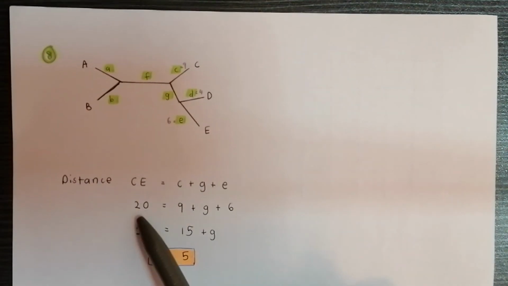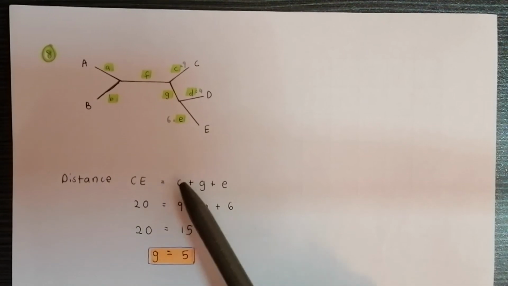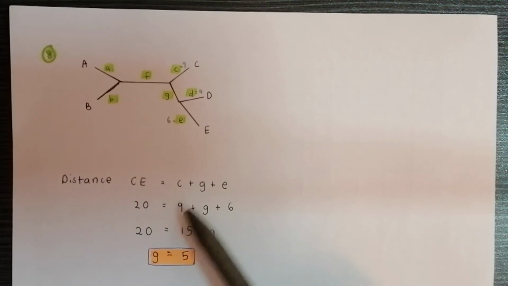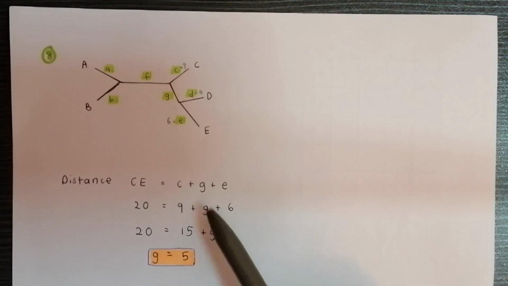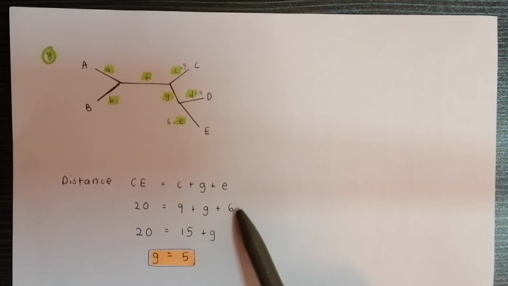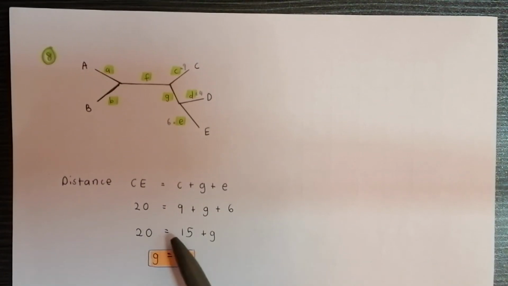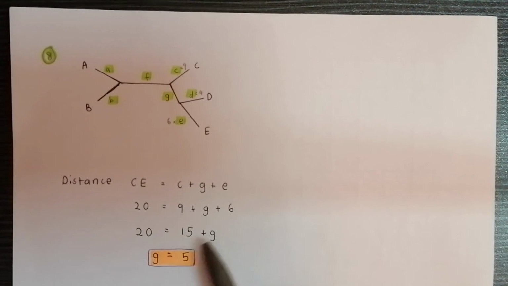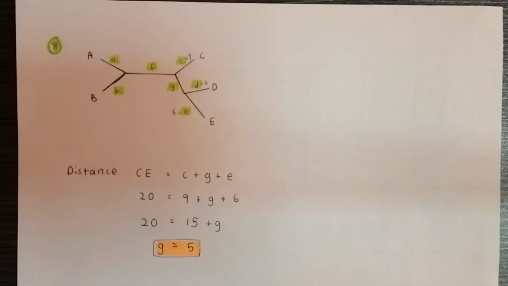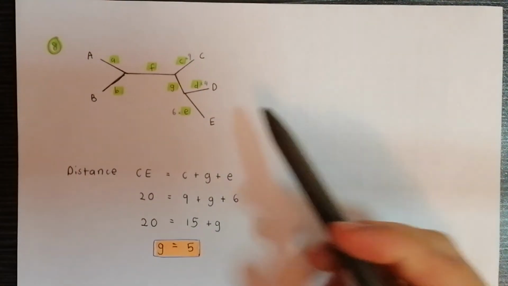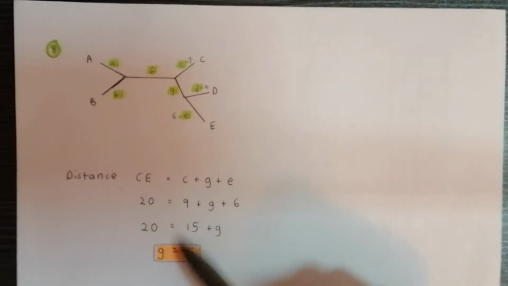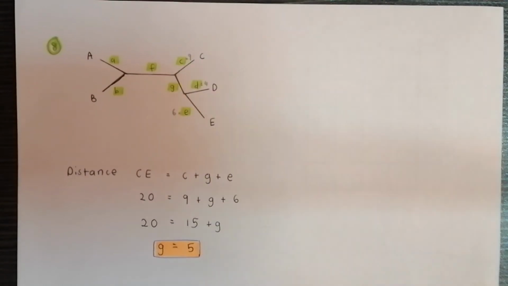So 20 equals C is 9, E is 6, so 9 plus G plus 6. Okay, 20 equals 15 plus G, so G is equal to 5. Finally, we know that G equals 5 and C equals 9.